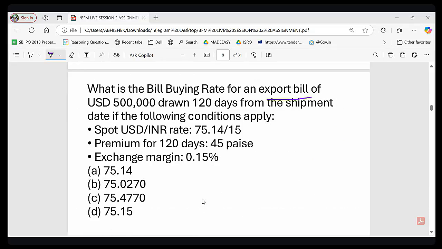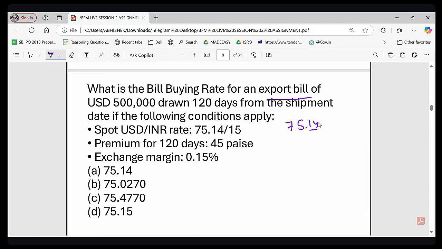Yes, that's correct. The bank is buying US dollar because it is processing an export bill. Remember, this is the key thing to remember. Other members are requested also to type whatever you think is correct. Because the bank is buying dollar, it is processing the export bill, and for buying we use the lower spot rate, right? So the lower spot rate here is 75.14, right? So for buying we will use this 75.14.